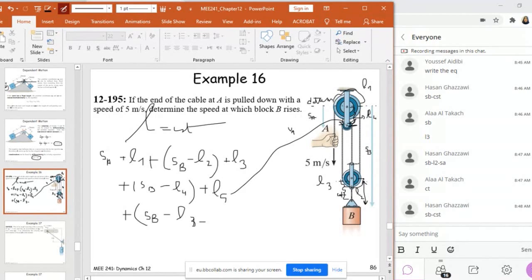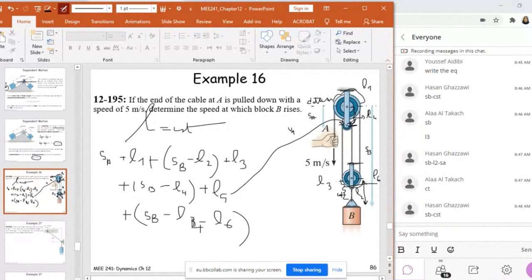No, L3 is this arc. L3 plus SB minus L4, which is this one, minus L6, and L6 would be the length between this one and this one. All right, so they are all constant. You can write minus constant, so you can write only minus constant 1, minus constant 2, minus constant 3.